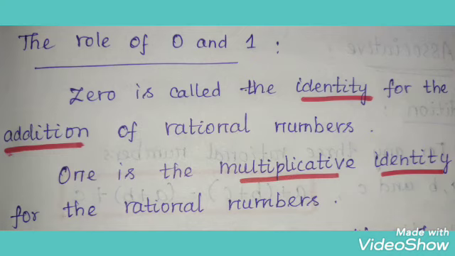Once again I am repeating, 0 is the additive identity of rational numbers and 1 is the multiplicative identity of rational numbers. Is that clear? The role of 0 and 1.